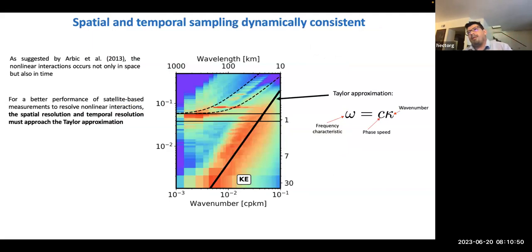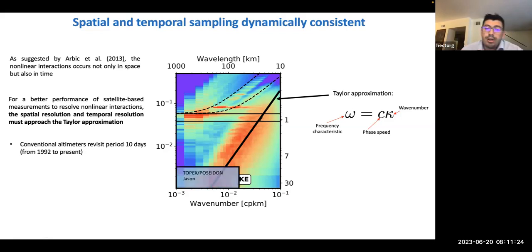A more interesting piece of information, following Brian Arbic's paper, is that the kinetic energy fluxes occur not only in space, but also in time. And looking at this frequency-wavenumber space, we know that these nonlinear interactions follow the Taylor approximation, the non-dispersive line here, where the wavenumber is directly related to the frequency.